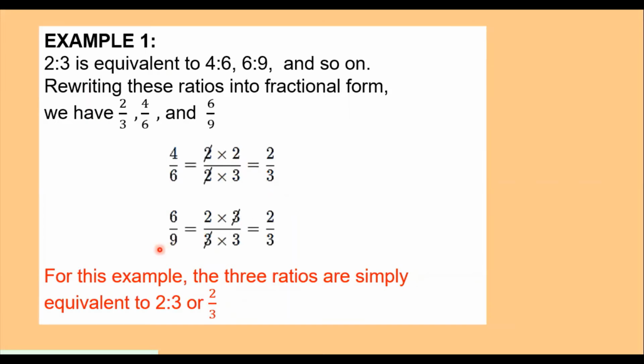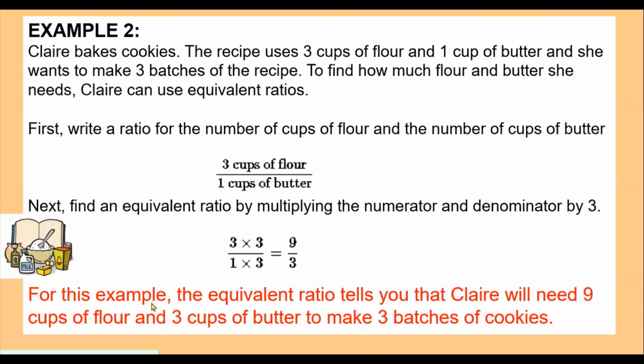Now, taking 6 over 9, dividing it by 3, notice that we can cancel 3, so we will be left with 2 over 3. So in this example, we have shown that these three ratios are equivalent and can be simplified into 2 is to 3 or 2 over 3.